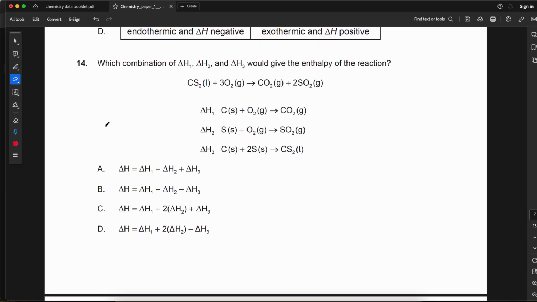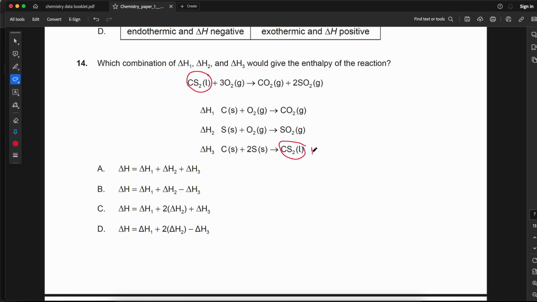Which combination of delta H1, delta H2, delta H3 would give the enthalpy of the reaction? So we need CS2 liquid. That would be on the right side, but here it is on the left side.